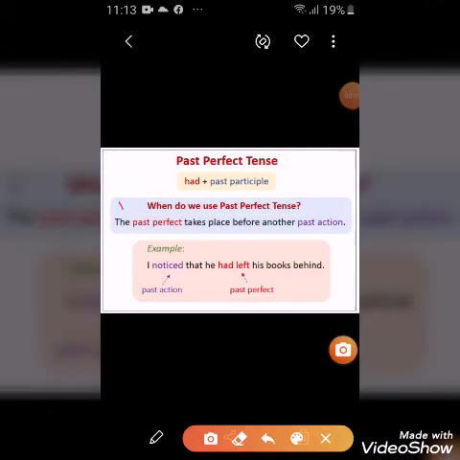Secondly, the question comes: when do we use past perfect tense? The answer is that the past perfect takes place before another past action. For example, I noticed that he had left his book behind.